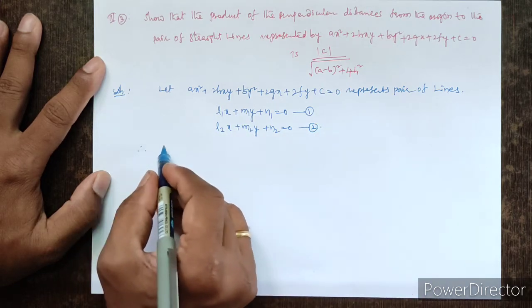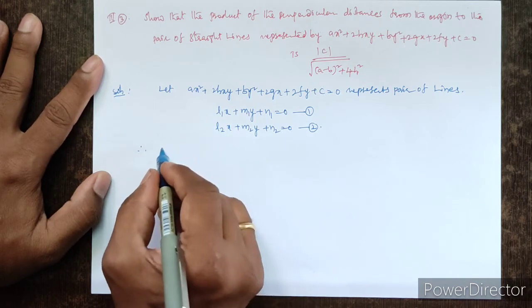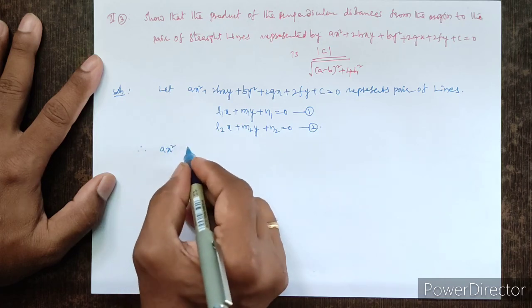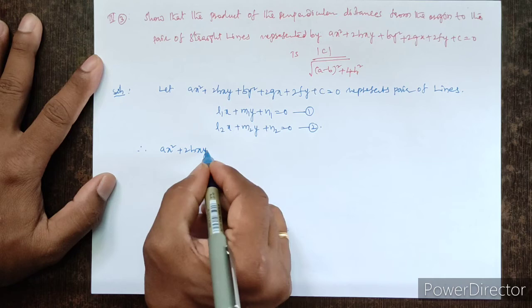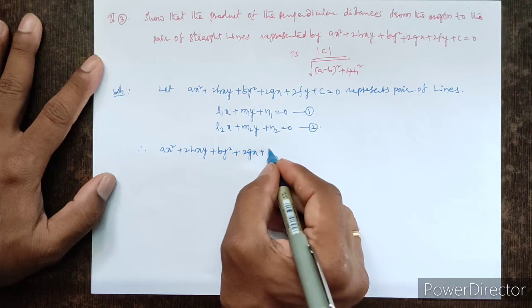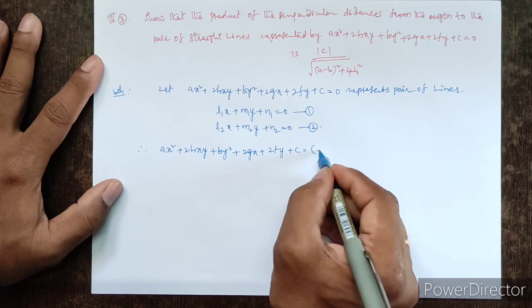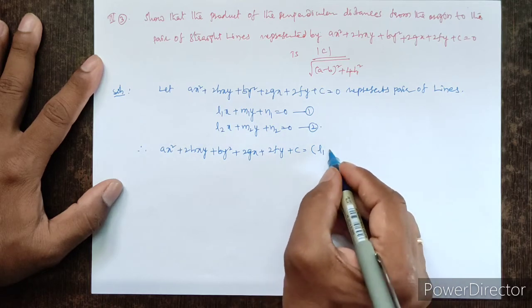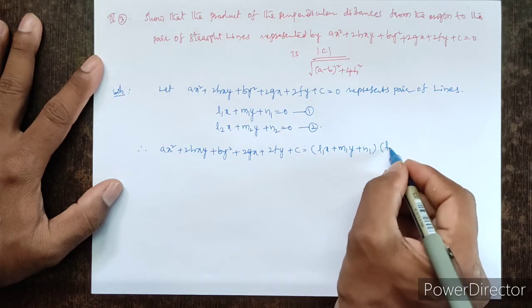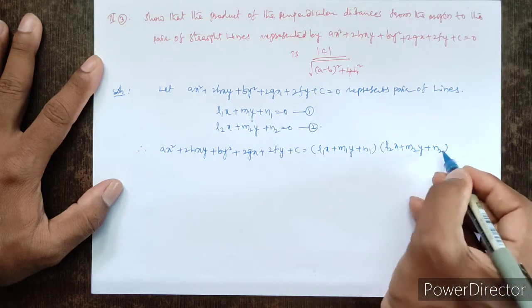So anyway, the pair of lines is the product of these two lines. So I can write the pair of lines as ax square plus 2hxy plus by square plus 2gx plus 2fy plus c equal to the product of equation 1 and equation 2, (L1x plus M1y plus N1) into (L2x plus M2y plus N2).